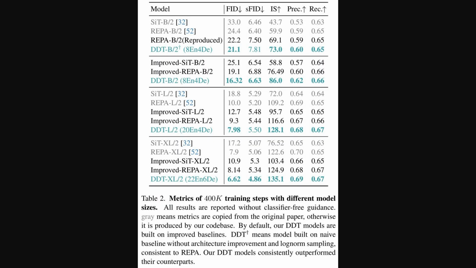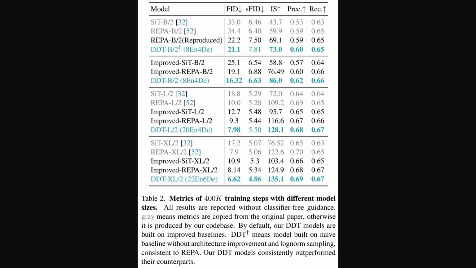Okay, moving on to Table 2. This table digs a bit deeper into performance metrics, specifically after 400,000 training steps and, importantly, without using that classifier-free guidance we just talked about. It compares different sizes of the decoupled diffusion transformer model, like B/2, L/2, and XL/2, against other baseline models. We're still looking at Fréchet inception distance and inception score, but this table also introduces precision, which tells us how realistic the generated images are, and recall, which measures the diversity of images the model can create.